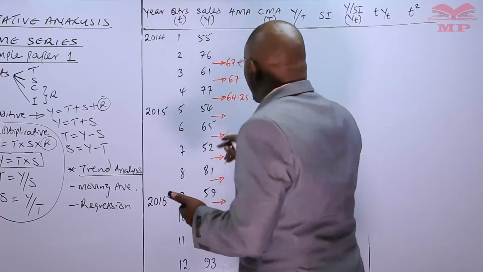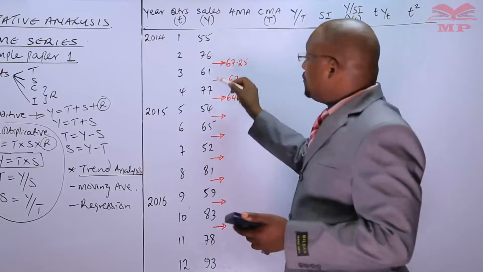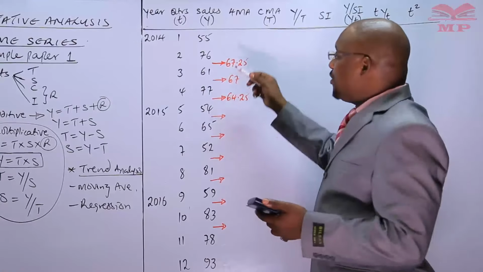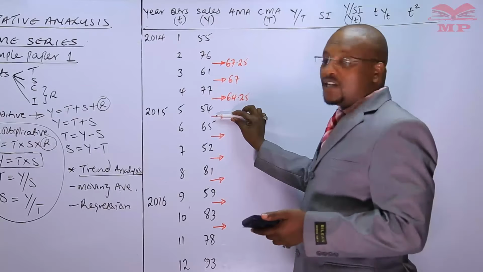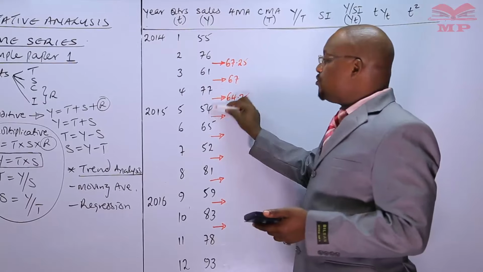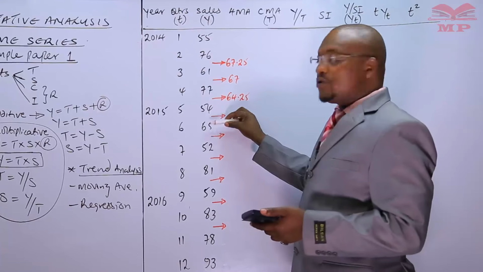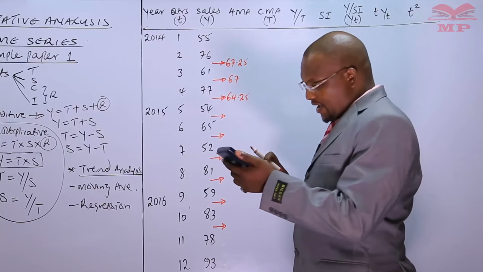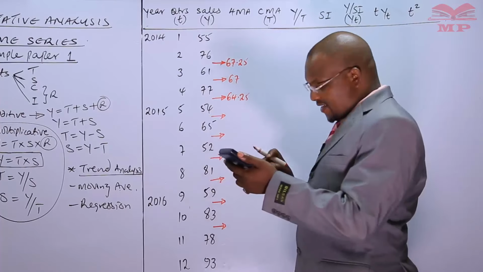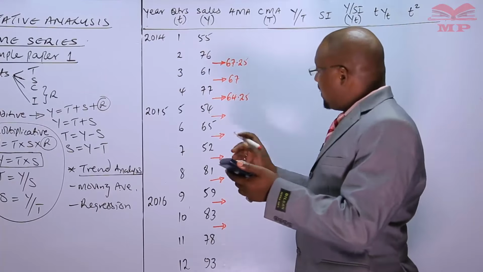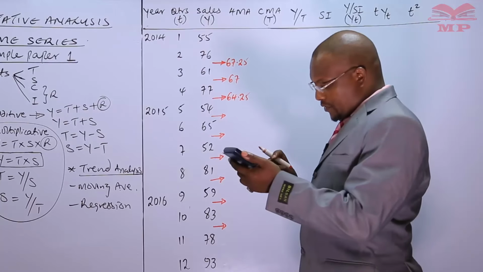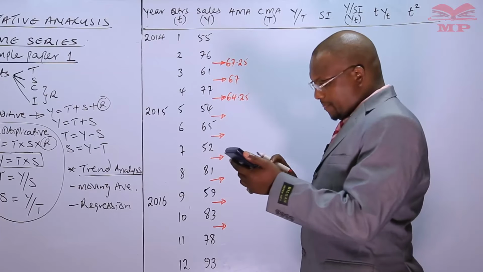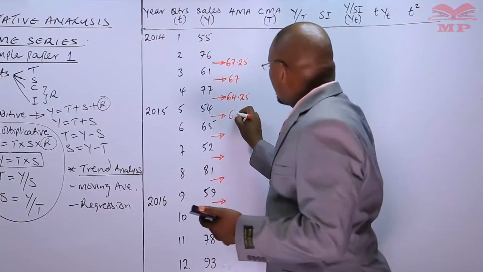This is 64.25. The next one, if you get confused about where you reached and where you're starting, you just look at where you want to indicate, then you count 2 up and 2 down. So like now, if I want to record here, I count 54, I add 77, and I add 65 and 52. Then divide by 4. I get 62 here.